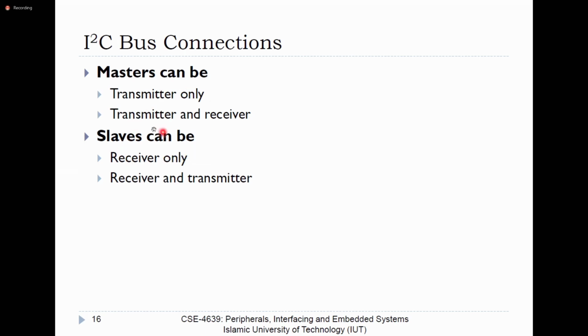Or otherwise, when the master is first transmitting the address, the slave is in the receiving mode, and after that the slave becomes a transmitter, and at that time the master is the receiver. So only these connections are possible in the inter-IC bus.